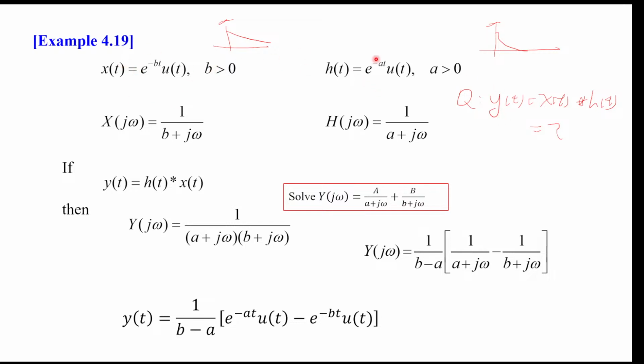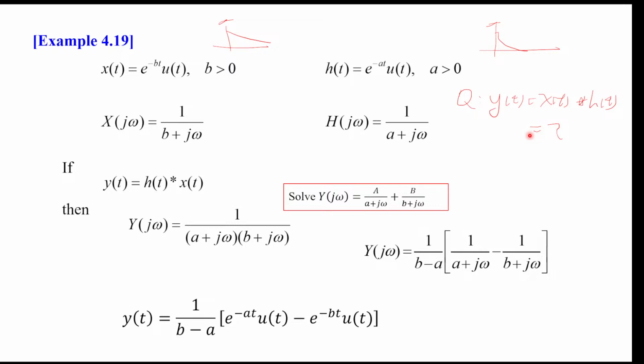The two functions here are easy. It's an exponential decay with coefficient minus b, and an exponential decay with coefficient minus a, all cut off at t equals 0. The ideal calculation is easy: you go to the frequency domain and multiply together, and then do the inverse Fourier transform to get the time domain.